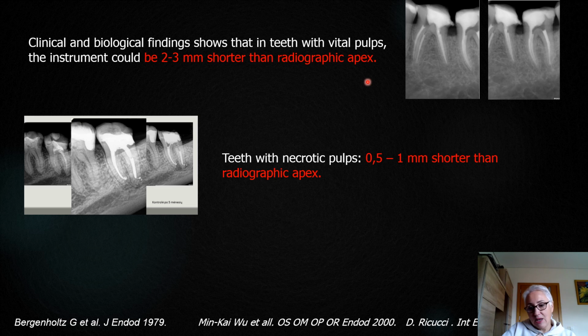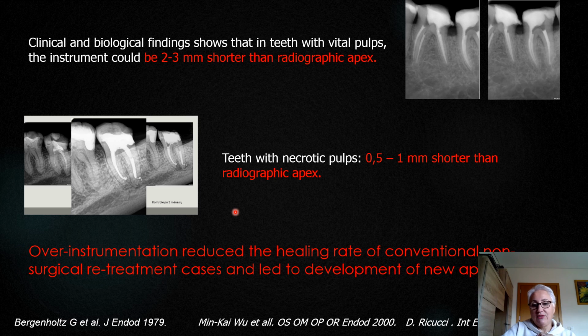And in cases with necrotic pulps, the distance must be smaller, only 0.5 or 1 millimeter shorter than the radiographic apex. And you have to remember all the time that over-instrumentation reduces the healing rate in conventional non-surgical retreatment cases and leads to the development of new apical resorption and apical destruction.